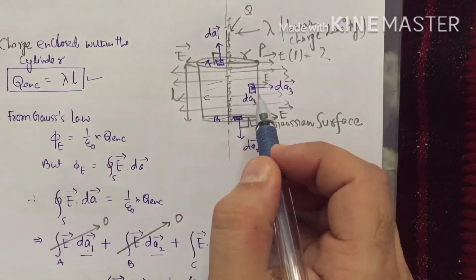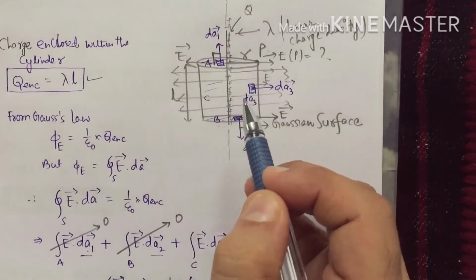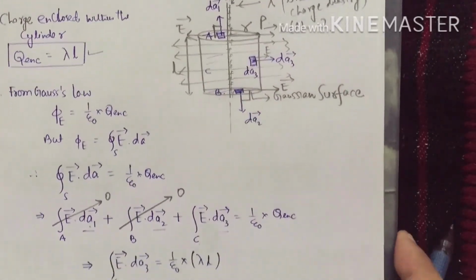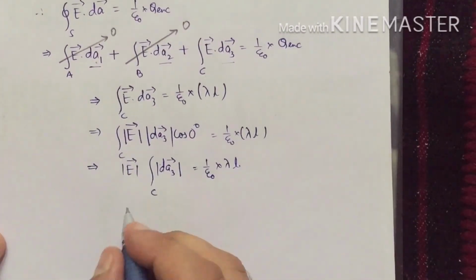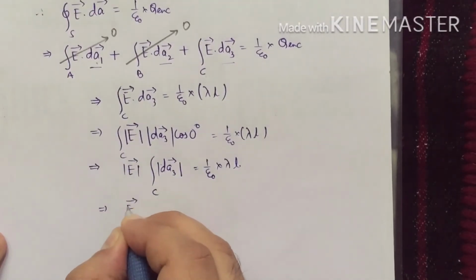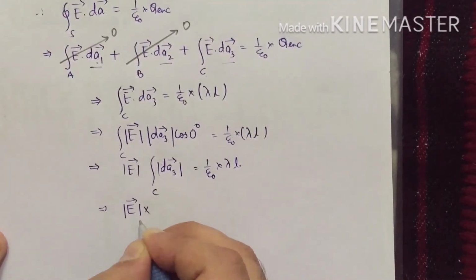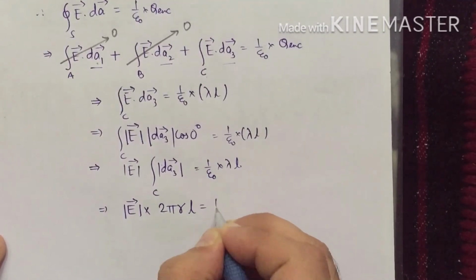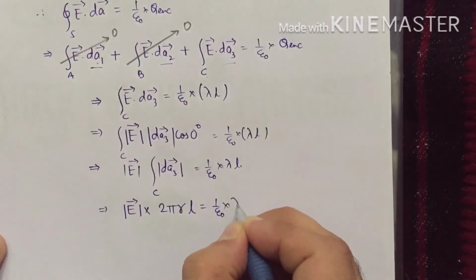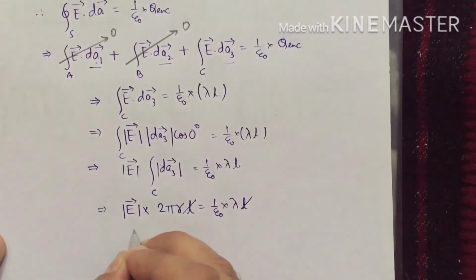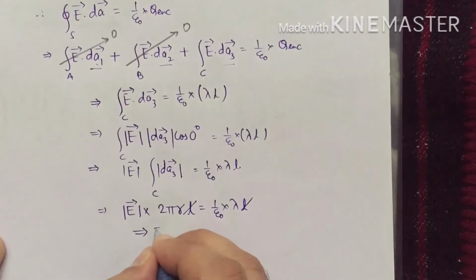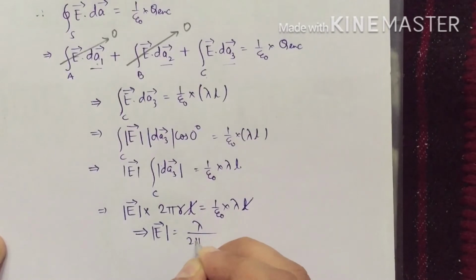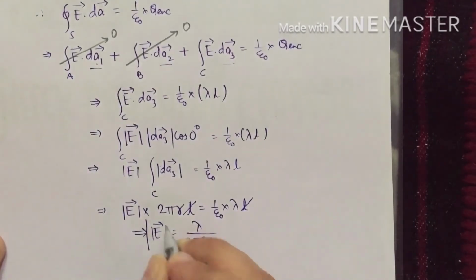When you integrate this area element over the curved surface, you will get the total area of this curved surface, and the curved surface area of the cylinder is given as 2 pi r times the height, which is the length L, equals 1 by epsilon naught times lambda into L. L and L get cancelled, so the magnitude of electric field equals lambda divided by 2 pi epsilon naught r.